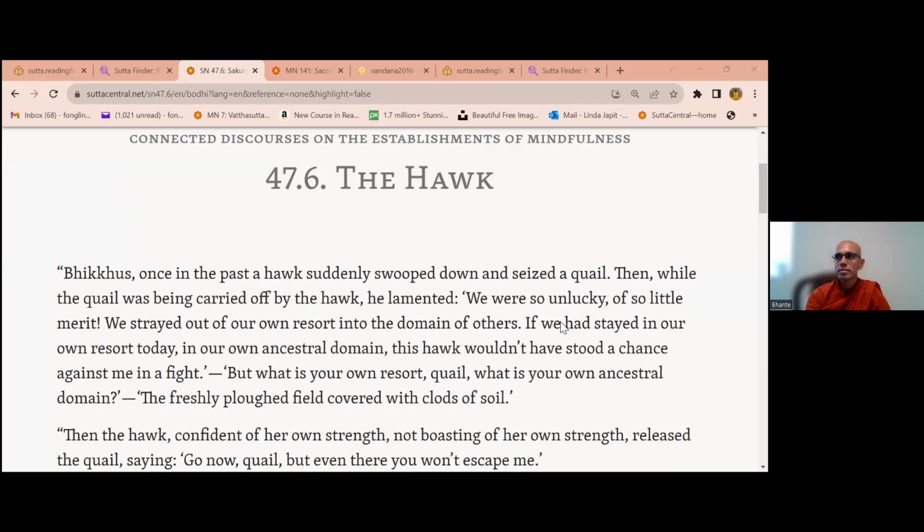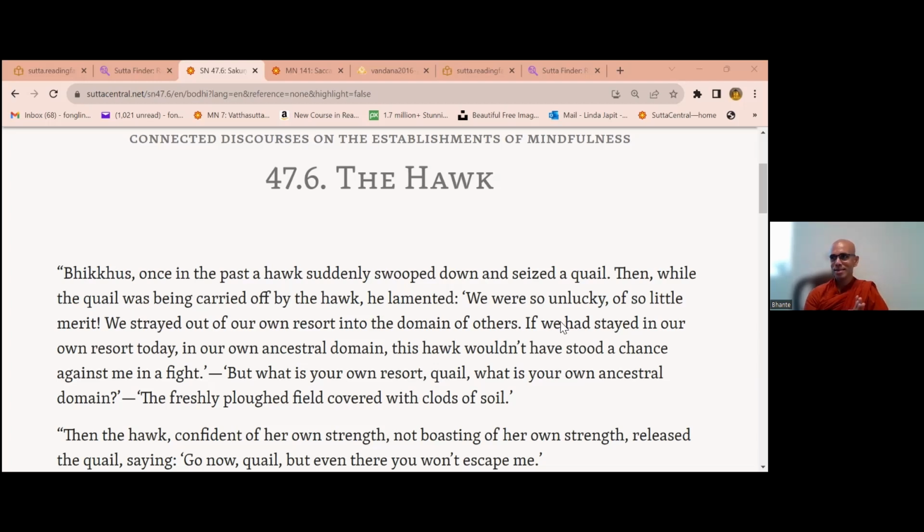Then, while the quail was being carried off by the hawk, he lamented, "We were so unlucky, of so little merit, we strayed out of our own resort into the domain of others. If we had stayed in our own resort today, in our own ancestral domain, this hawk wouldn't have stood a chance against me in a fight. But what is your own resort, quail? What is your own ancestral domain? The freshly plowed field covered with clods of soil."